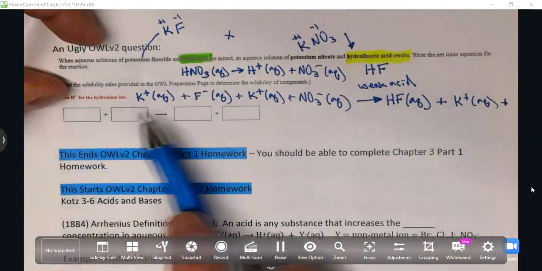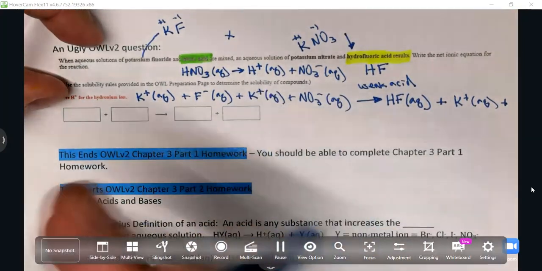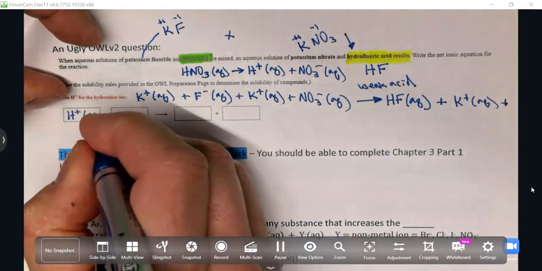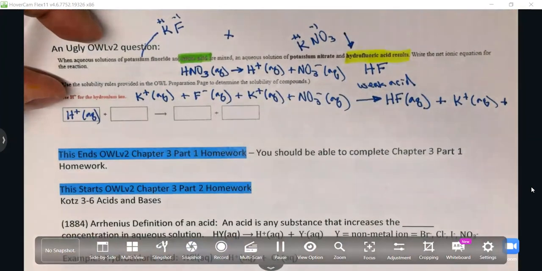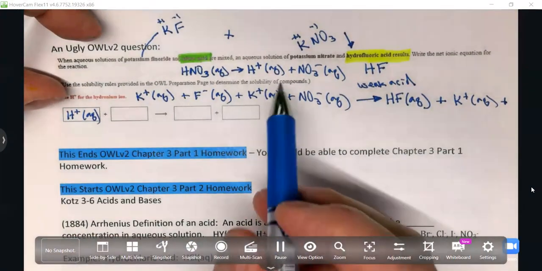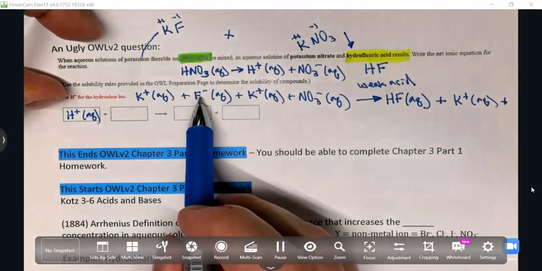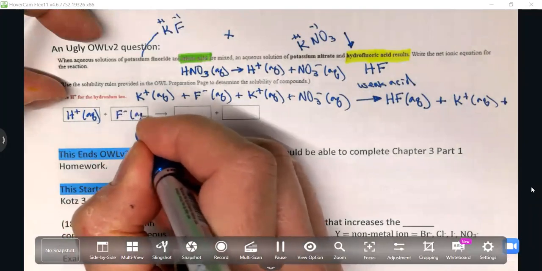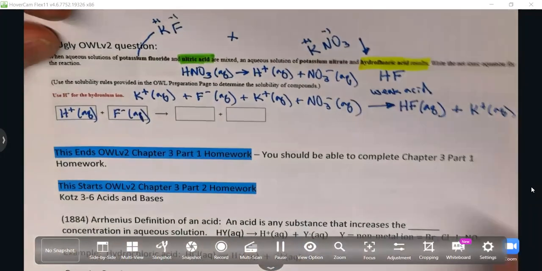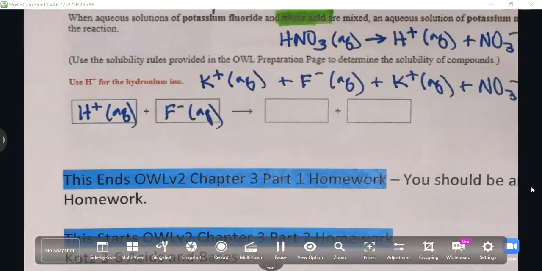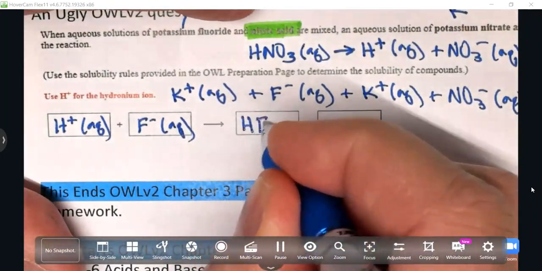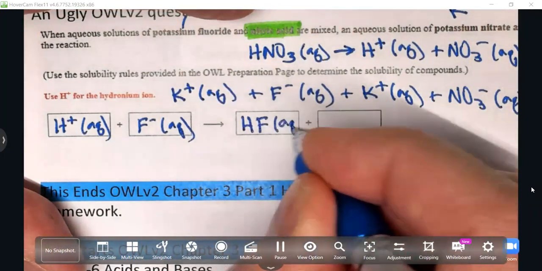You're going to have this H plus aqueous, an F minus aqueous, and it is going to keep the weak acid together as HF aqueous.